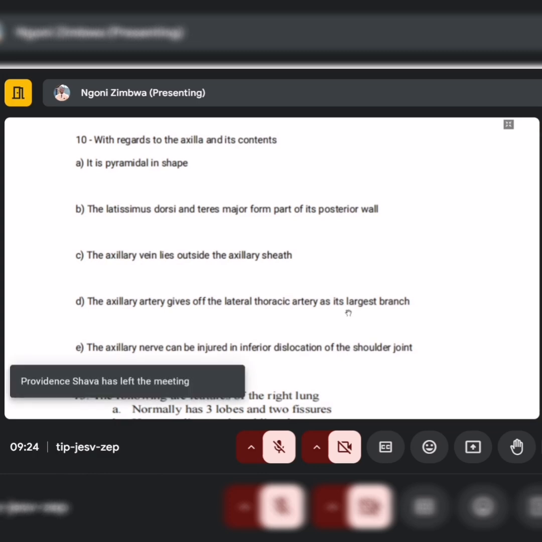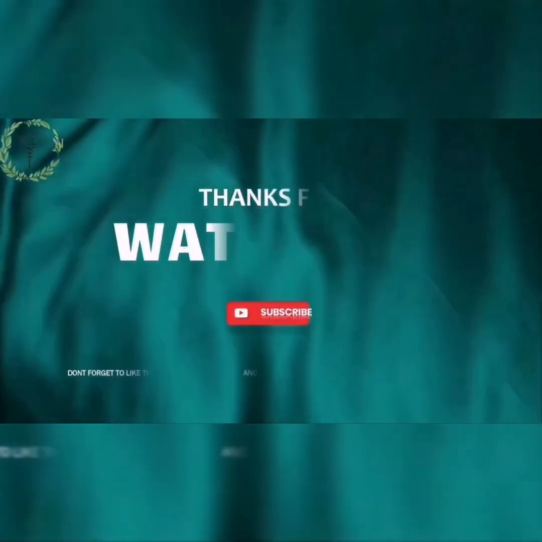You remember? So in inferior dislocation, which is common in the shoulder joint, you damage the axillary nerve. Damage to the axillary nerve leads to loss of shoulder contour, which we call flat shoulder, because of the atrophy of the deltoid muscle. Good. Done.